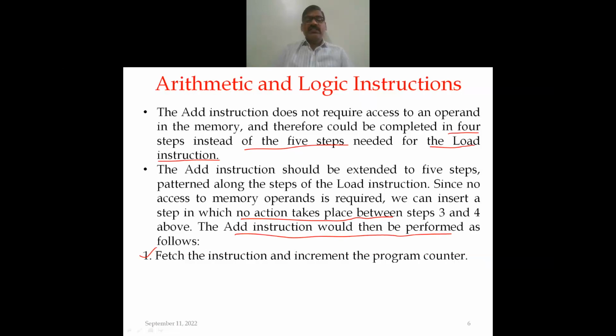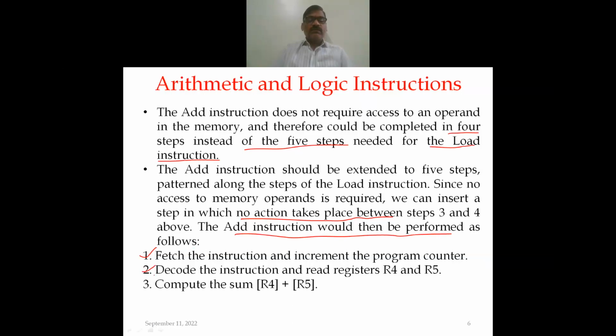The first step is fetching the instruction and incrementing the program counter as usual. The second step is also the same: decode the instruction and read the register contents R4 and R5. The third step is computing the summation, the contents of R4 plus R5. In the fourth step we are not doing any action, no action.